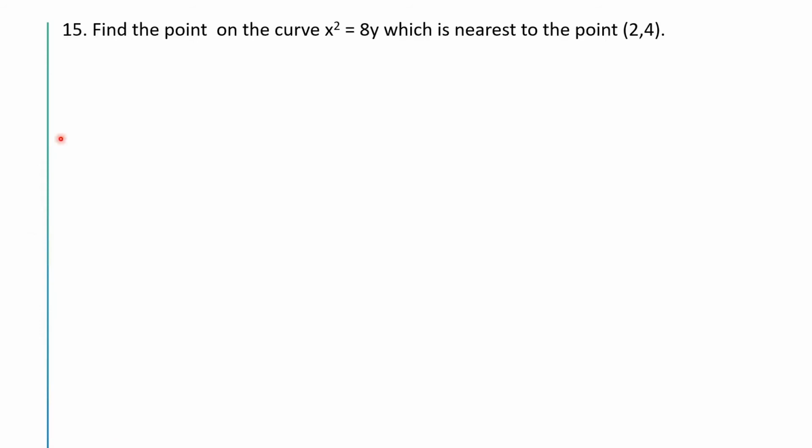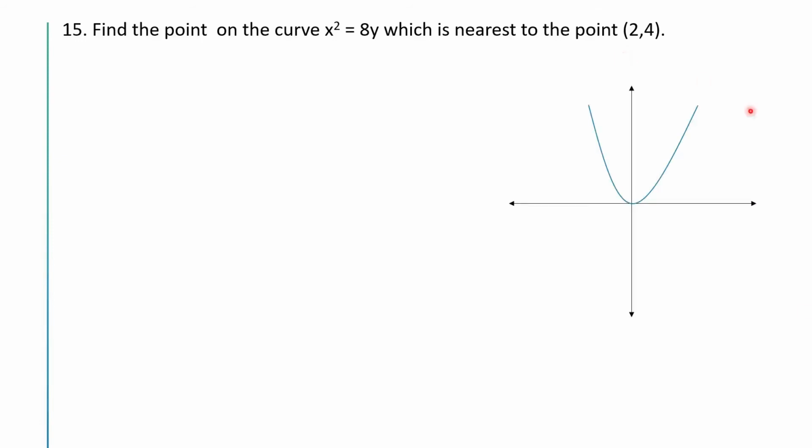Now the next question: find the point on the curve x square equal to 8y which is nearest to the point 2, 4. So here we have a curve which is given and we have to find the point on this curve which is nearest to the point 2, 4.